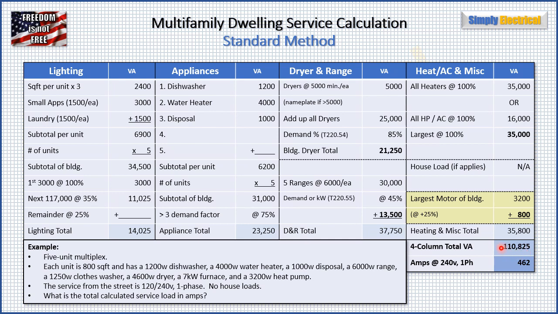Once we have that, we can divide by 240 single phase because that is our example over here, 240 single phase. And we come up with 462 amps. So now we can size our feeders, our conduit, our meter packs, go from there.